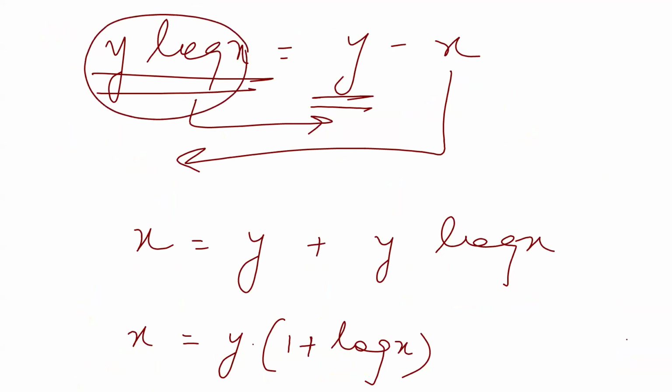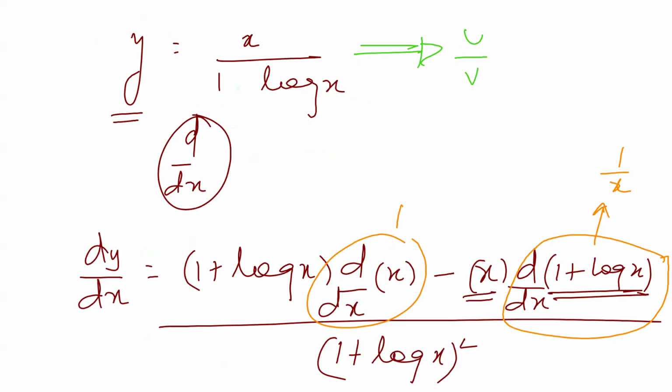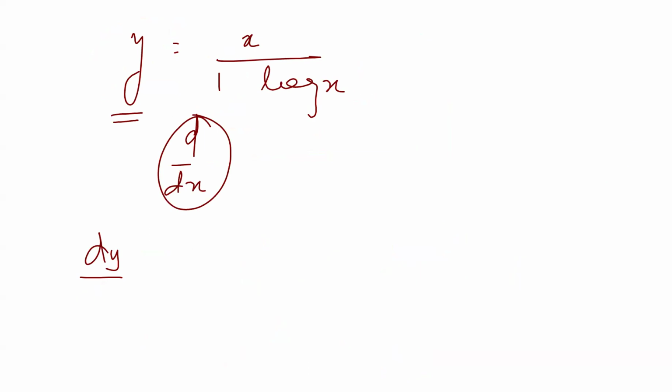When I send this y log x on the right hand side, this should be minus. I'm very sorry for that, please pardon. And this is minus, so x upon 1 minus log x. I just have to make these changes everywhere. Extremely sorry.